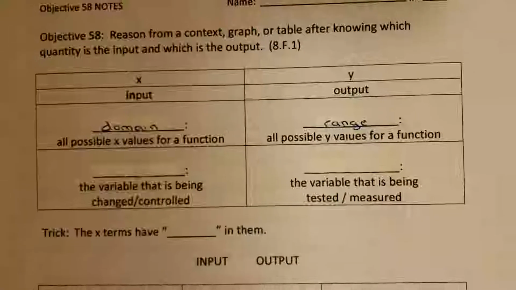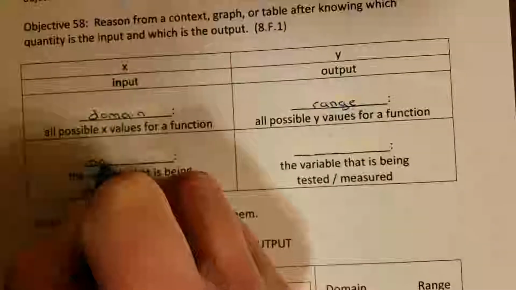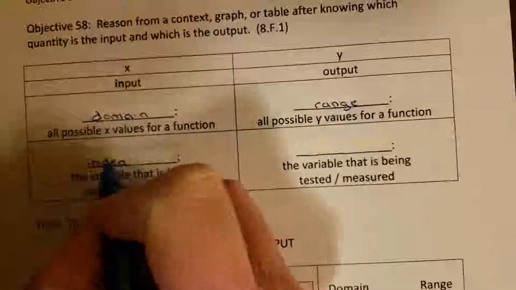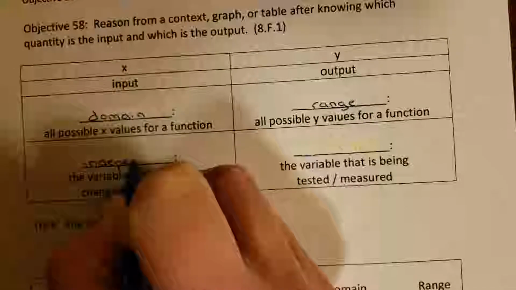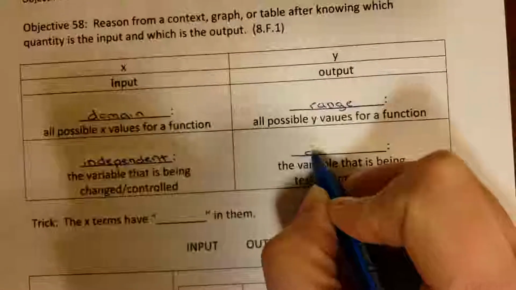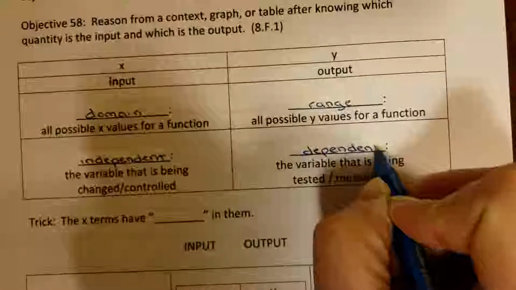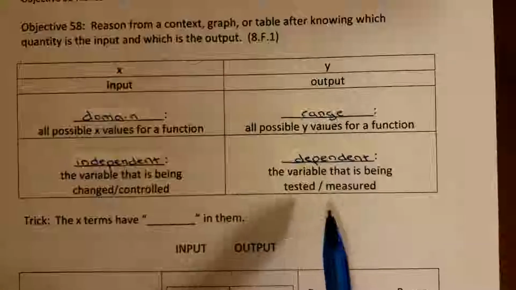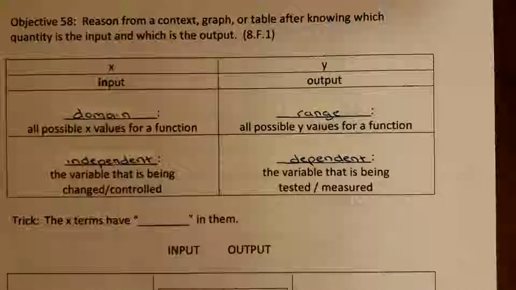You'll see some examples of that in a couple of minutes and it'll be a little bit more clear. The other word pair that I'd like to share with you, you may have heard of already in science class. They are independent and dependent. The dependent variable depends on whatever is happening to the independent variable.